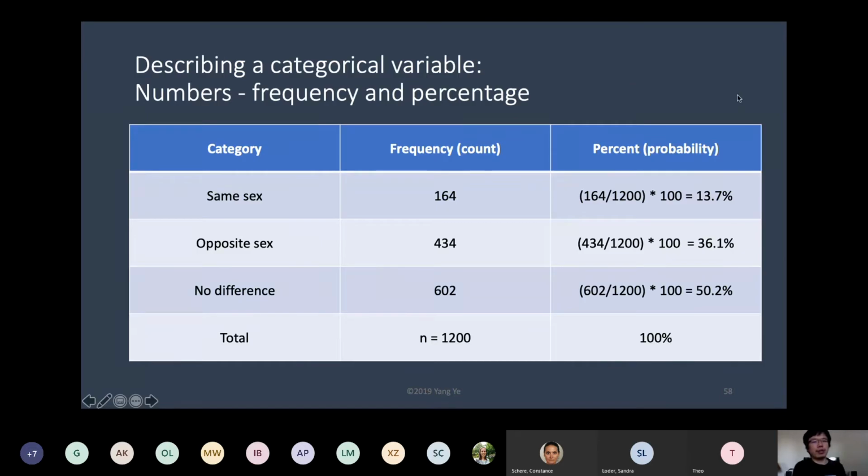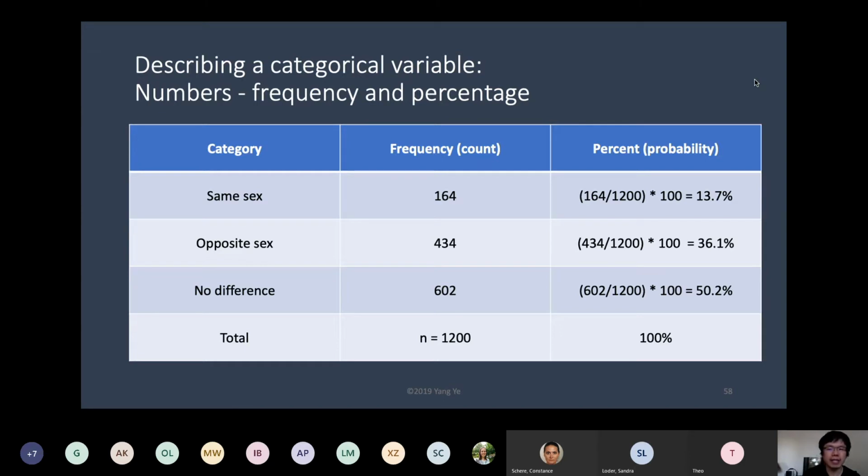And you can also use a table, right? This is how you go from frequency into percentage. Basically, you have the total, and you divide the frequency by the total, and you get a percent. And then I put the term probability here, which we will address a little bit later, right? A percentage means that in this sample, there's a 13.7% probability that someone may answer same sex.